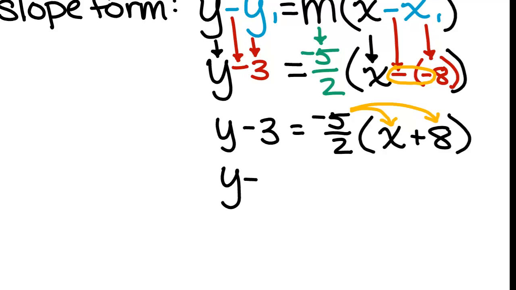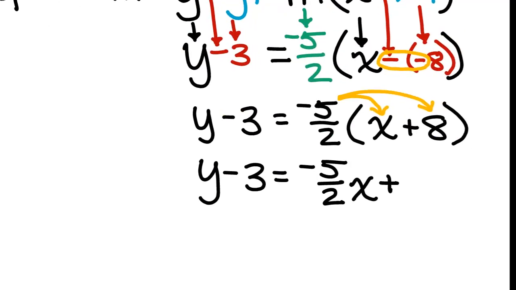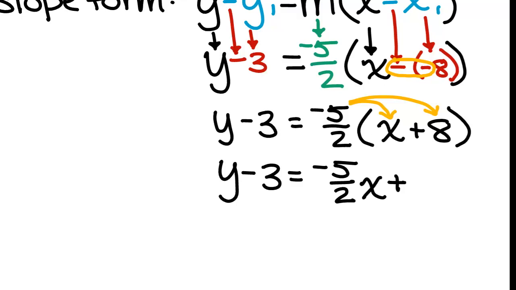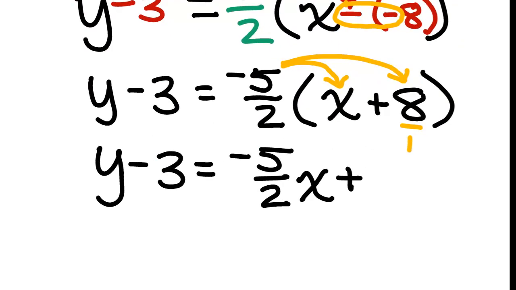So I would have y minus 3 equals negative 5 over 2 times x plus, and now you can either grab your calculator or we can do this one together in our heads. Remember, we multiply top to top and bottom to bottom. This 8 is not a fraction, but I can turn it into a fraction by putting it over 1. What is negative 5 times 8? Negative 40. 2 times 1? 2. So I have negative 40 over 2. What is negative 40 over 2? Negative 20. So this is going to be minus 20.